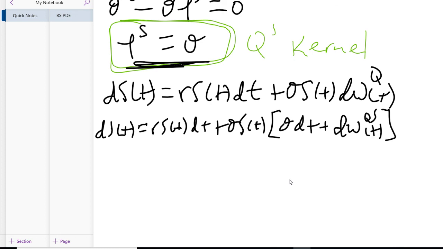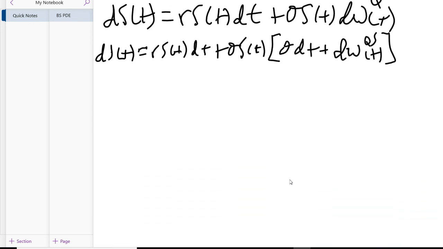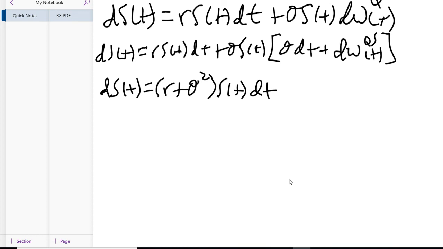So simplifying this, we will find that we are finally led to dS t equals r plus sigma squared S t dt plus sigma S t times a QS Wiener increment, which for practical reasons, it might be important to note.